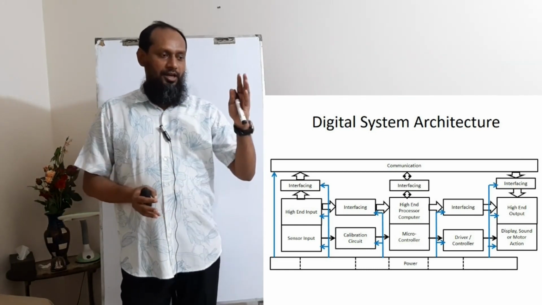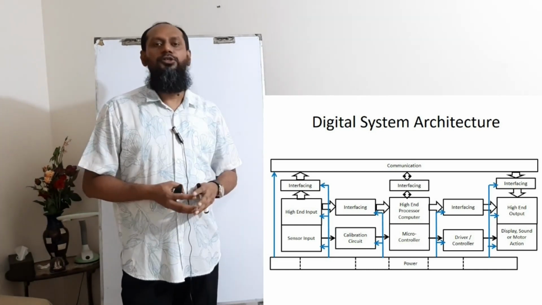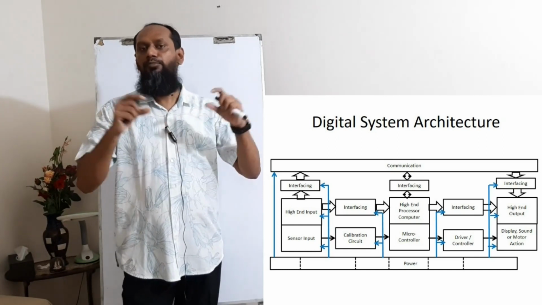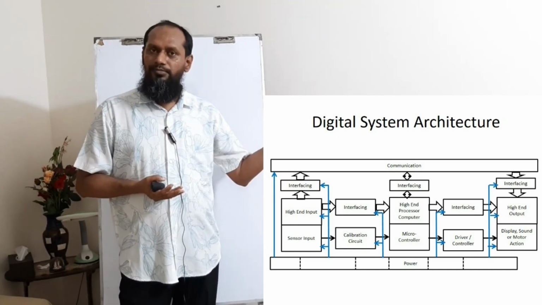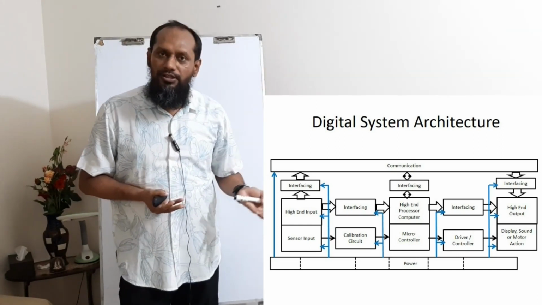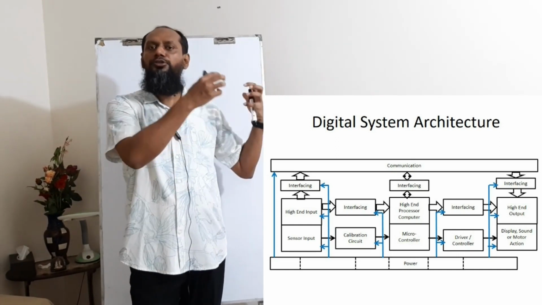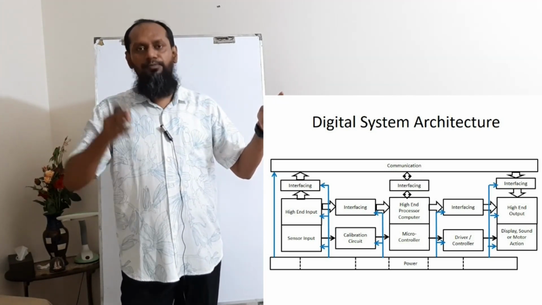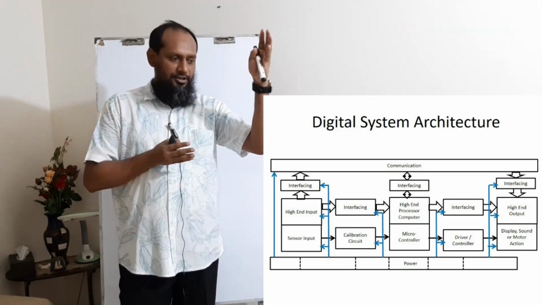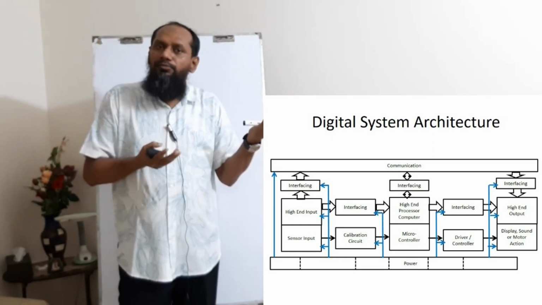Take a look. In the middle we have the processor, high-end processor and low-end processor. On the left we have the input unit, the same as the basic architecture of a computer: input, processing, output. Here we also have two kinds of input.